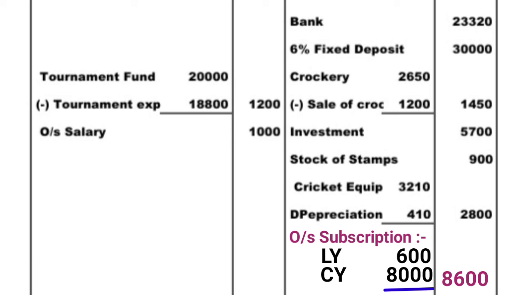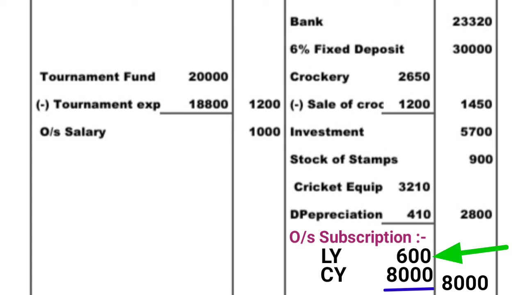That means the total of subscription as on 31st December 2010 is rupees 8,000. But see here, what is the total of subscription? We wrote here 8,600, right? So we need to write here 8,000 in place of 8,600. So we can write in the outer column 8,000.